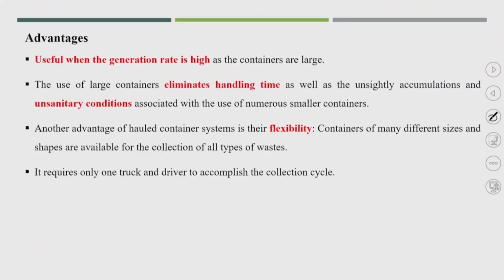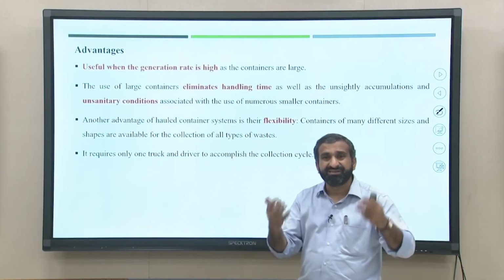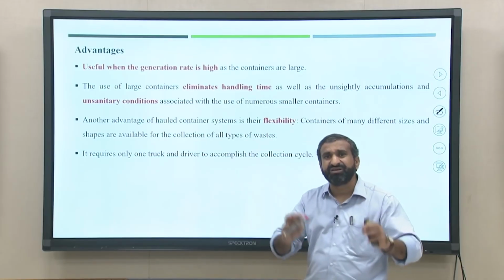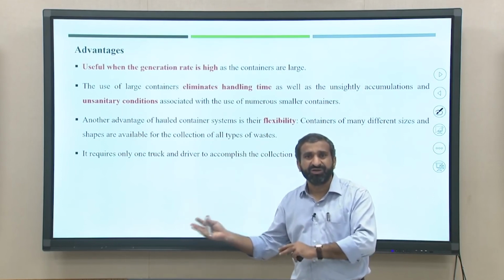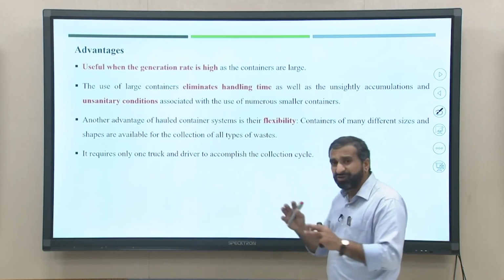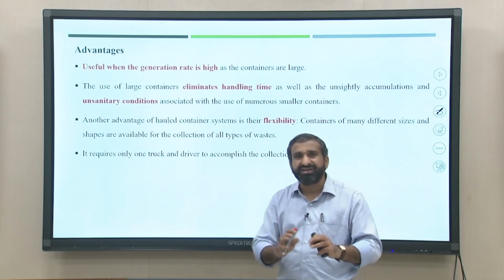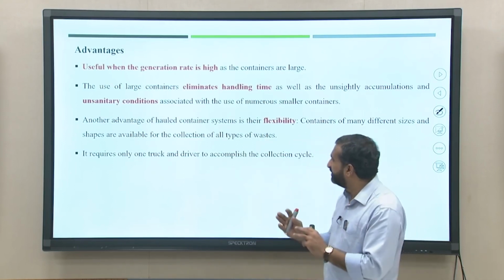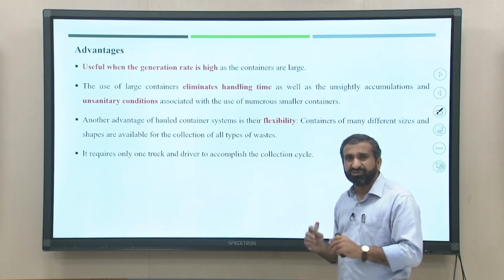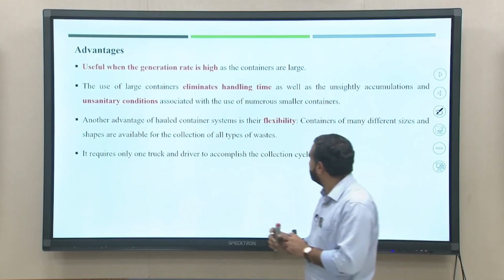Here in the haul container system the containers are handled mechanically, but in the stationary container system we can also do mechanization, but because of the small quantity of waste, a lot of unsanitary conditions are possible in those cases.